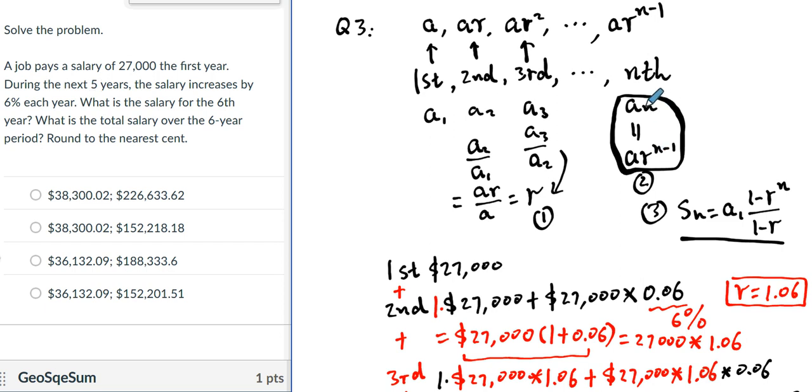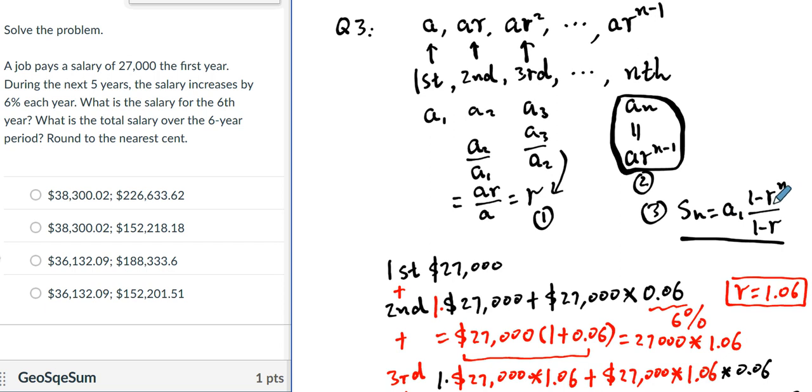So the 6th year's exponent will be 5. And for the sum of 6 years total, here is 6, here is 6. We already know the first term is 27,000. Then what is the common ratio in this case?